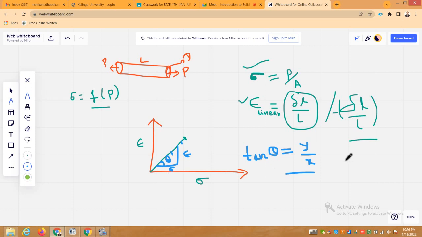If you plot the same graph in this way, putting strain as abscissa and stress on ordinate, you will again get a straight line. If you evaluate the slope, then tan theta here will be equal to perpendicular upon base, that is stress upon strain.